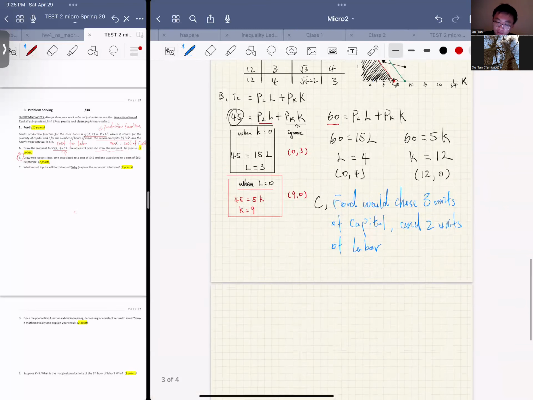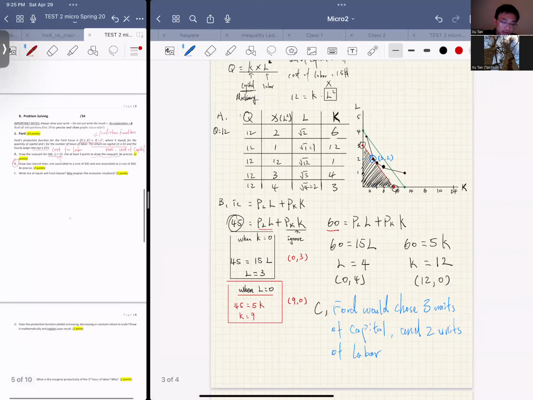Okay, so this question is asking about the economic intuition.